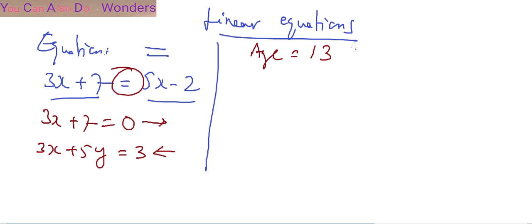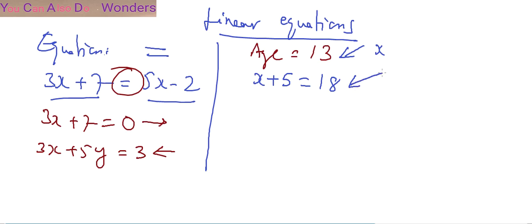Suppose we assign 13 to some variable x. If after 5 years is added to my current age, it will become 18. That's what it's saying: my age will be 18 after 5 years. So that means x plus 5 equal to 18. See, now this is an equation.